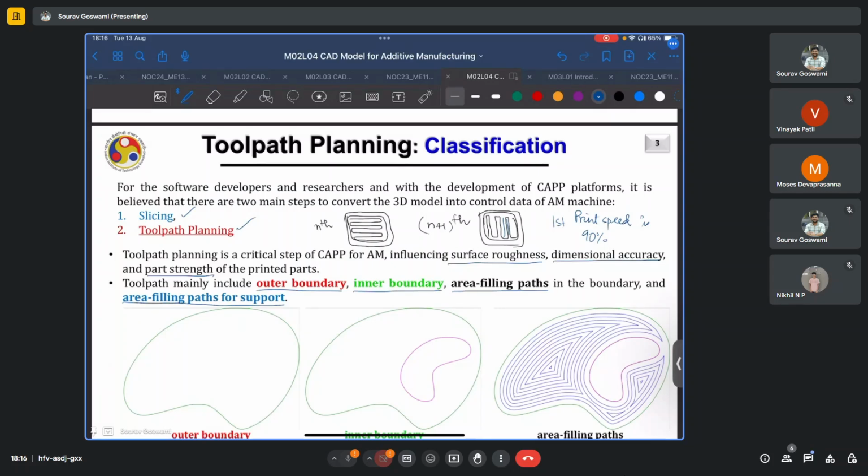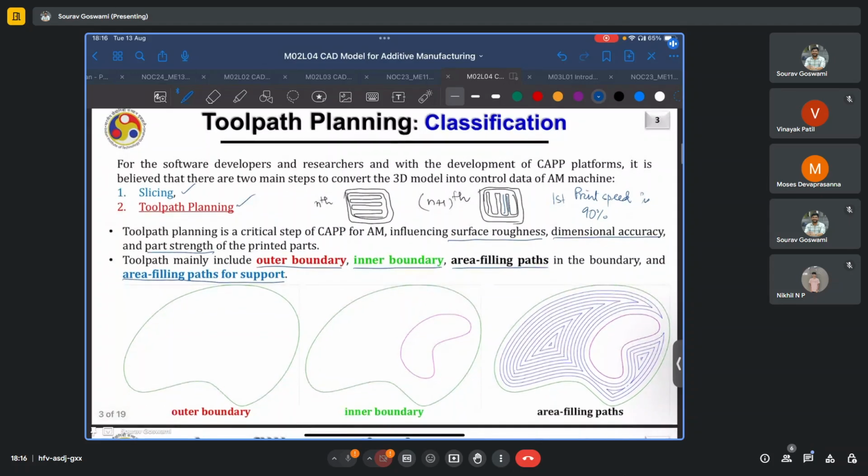Because, as we discussed, often we would like the support structures to have lesser strength than the bulk so that they can be easily broken. Or we might like for them to be less dense and more porous so that we do not waste a lot of material in building the supports because the supports are sacrificial. Or there might be cases where we simply print them with a different material altogether, in which case again the process parameters will change as they are often suited for particular materials.